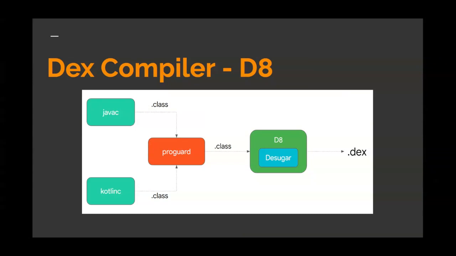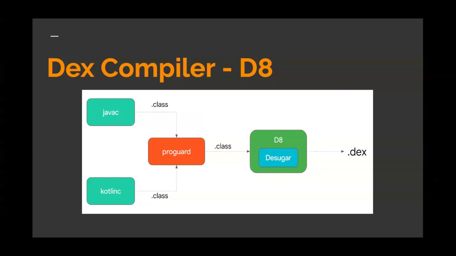Desugaring means converting our new Java features into something which can be understood by your old Dalvik or ART compilers. This is a very important transformation that happens while building your application, because these days we use a lot of new Java language features like lambda expressions, and desugaring helps Dalvik understand what those Java features are saying.